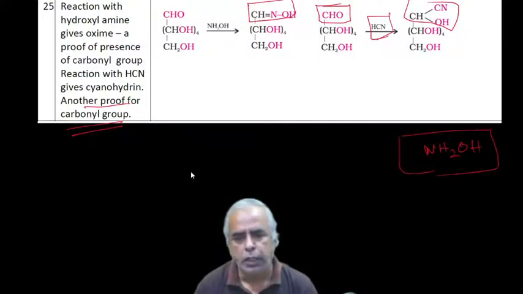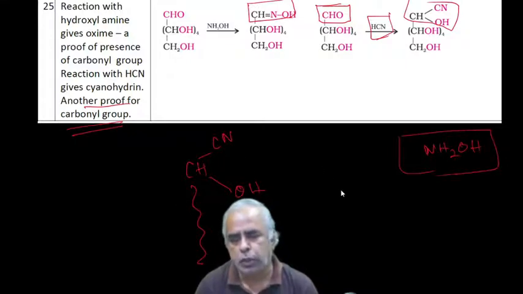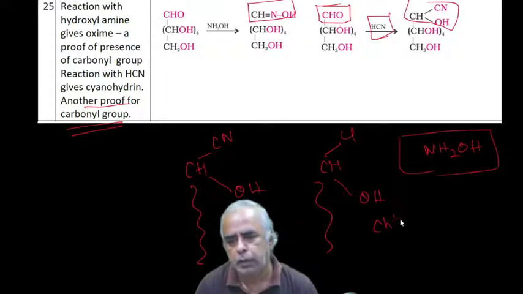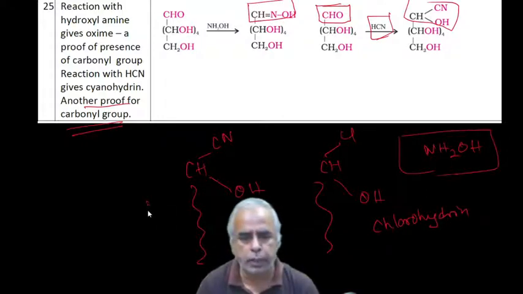Cyanohydrin means any compound, for instance CHCNOH, this is called cyanohydrin. Suppose in place of cyanide you have chlorine, then it is called chlorohydrin. So this is chlorohydrin, and this is cyanohydrin.